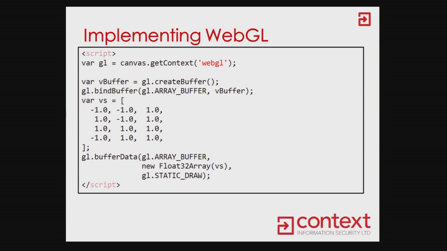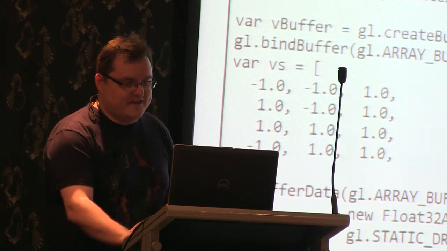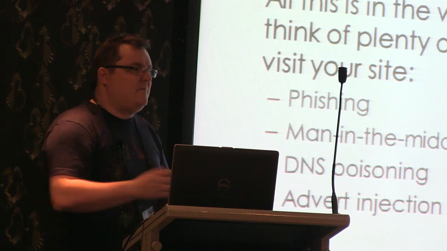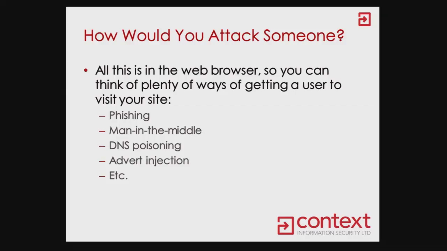This bit of code manipulates a vertex buffer and just buffers that data. It doesn't actually draw much, but unfortunately the slide wasn't big enough to contain all the code to do something useful. And I don't need to tell you guys how you could potentially use this in a bad way. All you need to do is get someone to visit your site through whatever mechanism you particularly care about.